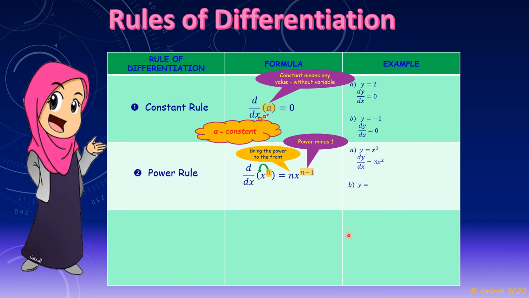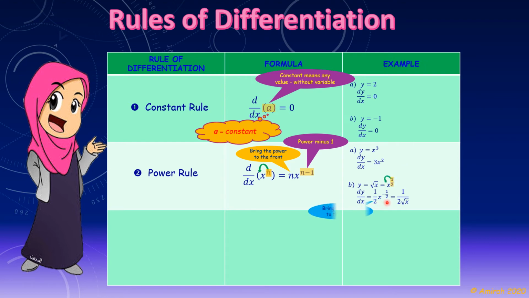B. If we have y equals square root of x, the first step is we need to change it into exponent form, where x is to the power of positive half. After that, we can differentiate, and the answer is half x to the power of negative half.